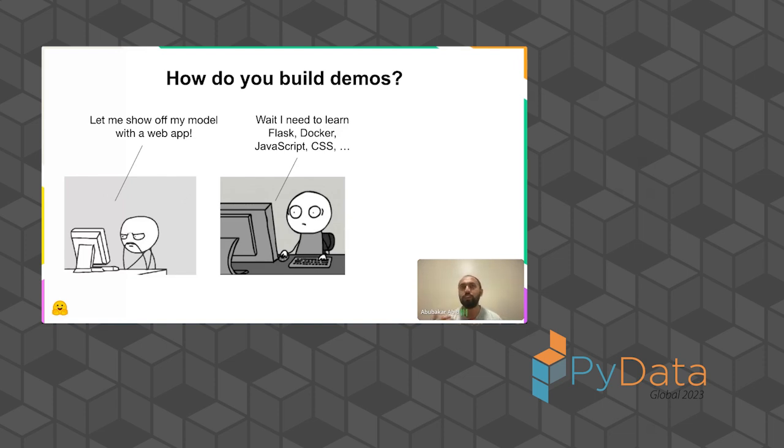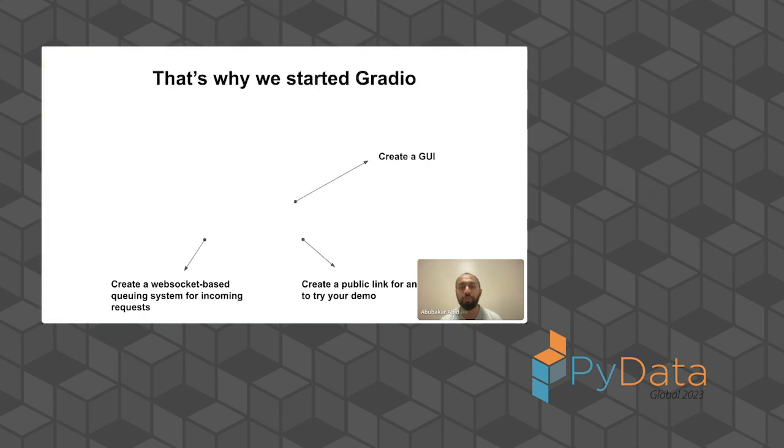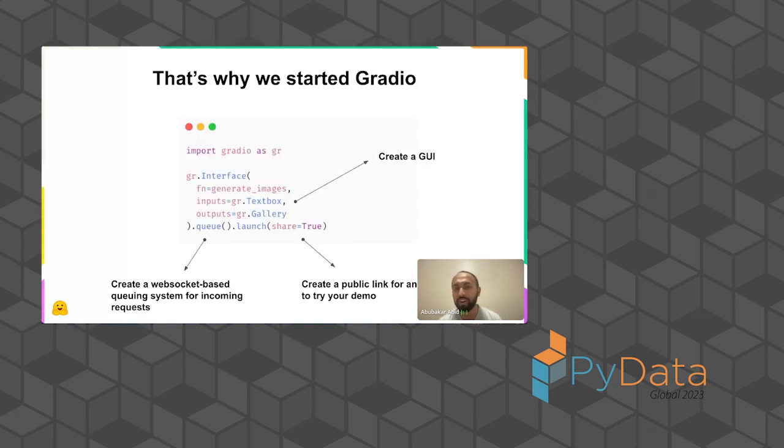But then I also need to learn front-end development, JavaScript, CSS, HTML, of course. And so a lot of folks would be like, it's okay, I'll move on to the next project I have in mind. We'll just let this machine learning model gather dust in a GitHub repo somewhere. So that's what we wanted to change. And that's why we started Gradio.